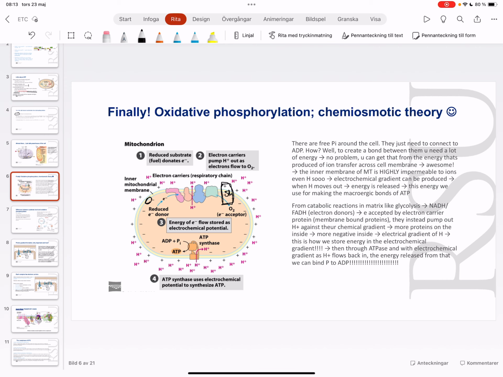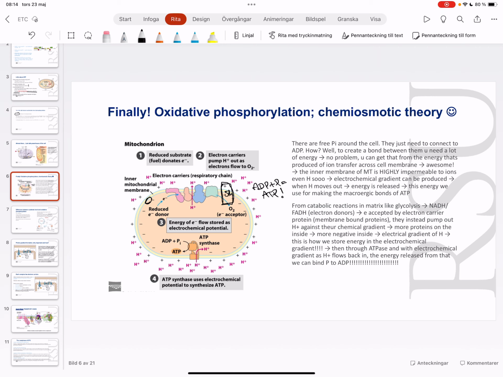At the 5th complex we have ADP, and inorganic phosphates that are floating around. When these hydrogens flow back in, the ADP will be able to react with the P and form ATP.